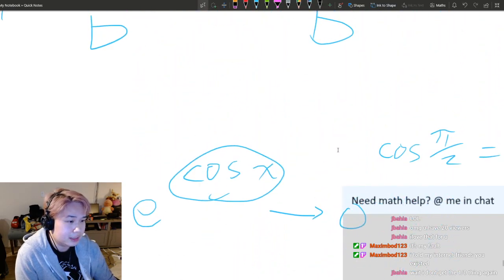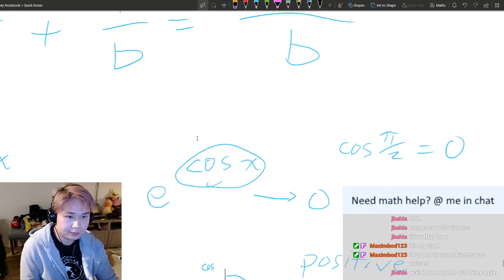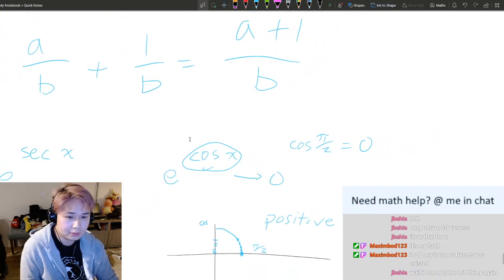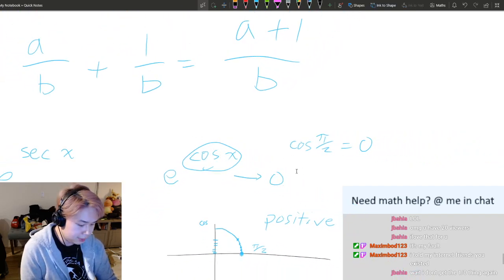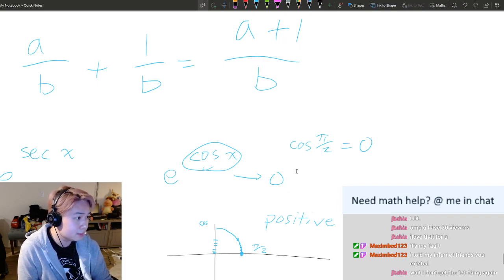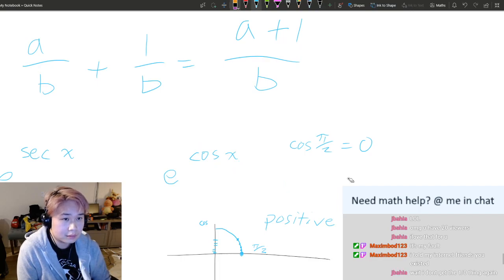So in your exponent, we have 1, and it's being divided by these values of cosine that are slowly getting smaller and smaller.